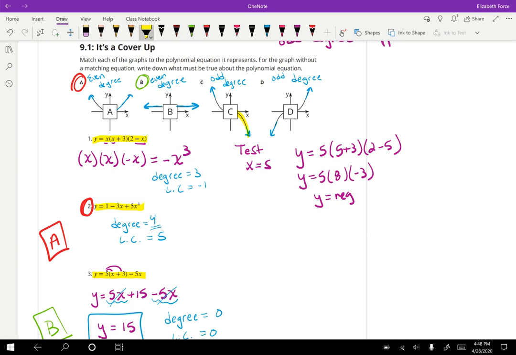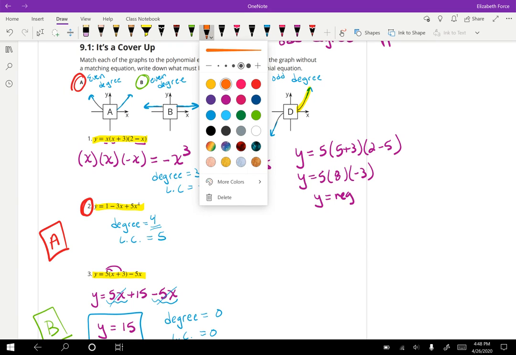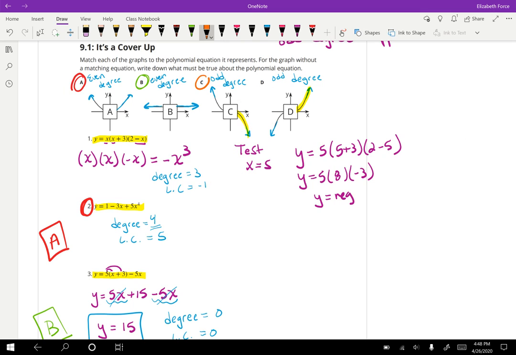Your outputs are in the negative region for positive x's. So I know that choice C must be my graph. And I want to pick out a different color. Let's do orange. Orange is fun. Choice C has to be my graph for number 1.